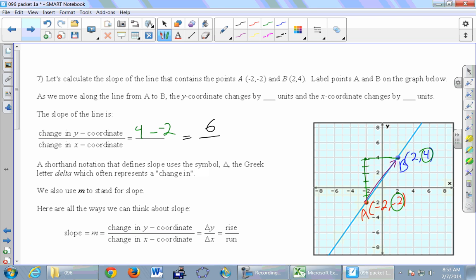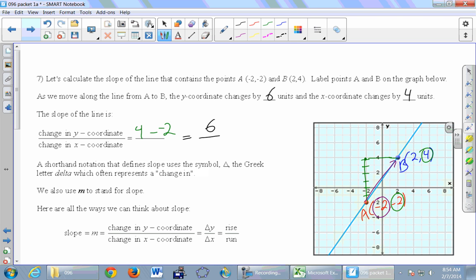Okay, let's take a look at the change in the x-coordinate. So then we can fill in this blank as well. So the y-coordinate changes by 6, and the x-coordinate, again, starting with A and moving to the right to B. By how much does the x-coordinate change? 4. So we'll put a 4 there. If I'm doing a calculation, what can I do with these numbers? Let's do this guy here.